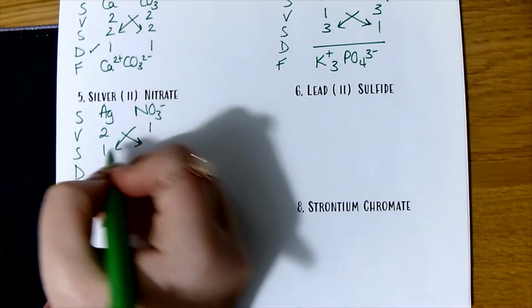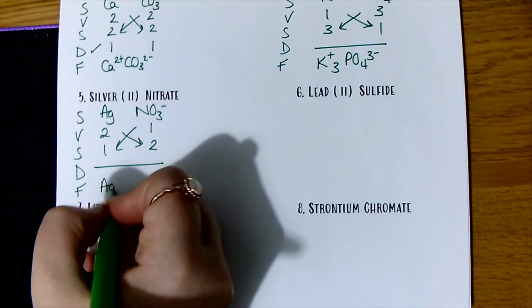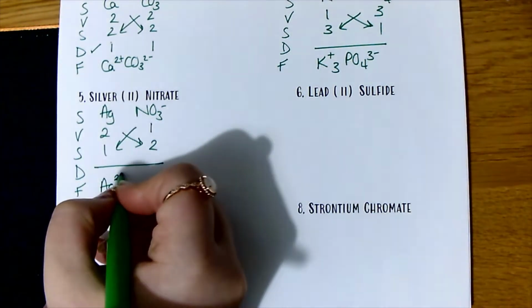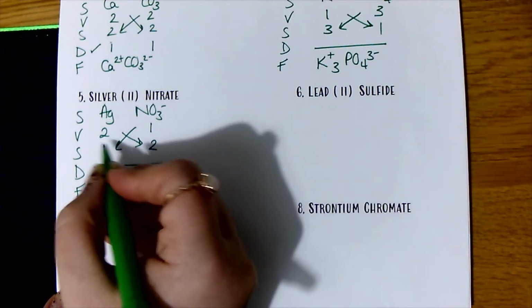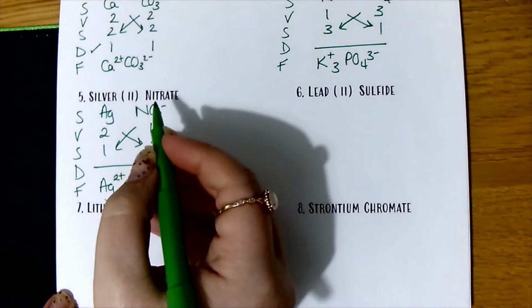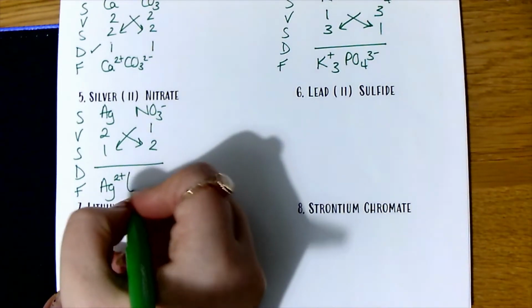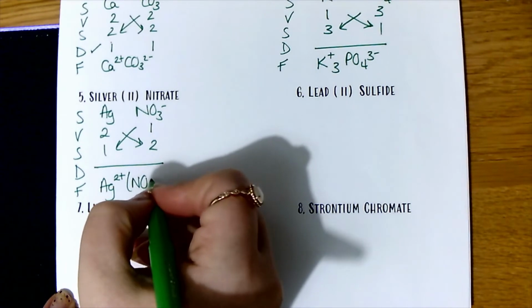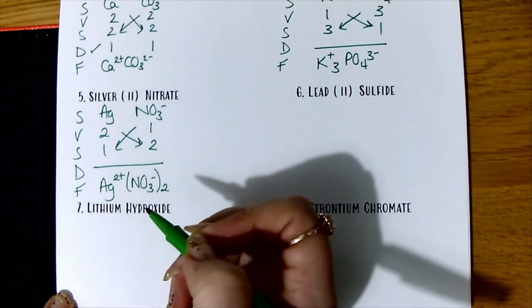If we swap these over, we can't divide them. So when we write our formula, we've got Ag, we've got our valency of 2 plus for our charge. We've only got one of them, we don't need to put that number down here. And this time we've got our nitrate ion and we've got 2 of them. So we do NO3 minus and 2 to show that we have 2 of everything that's in this bracket.